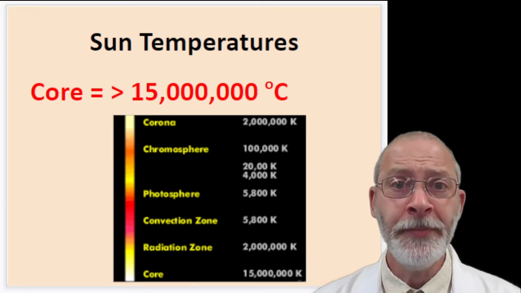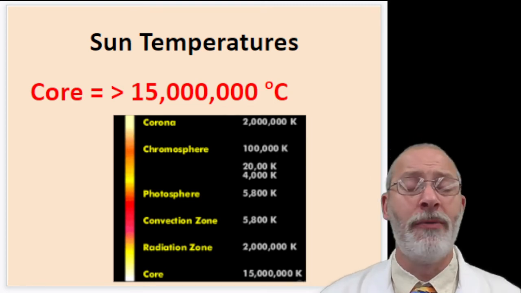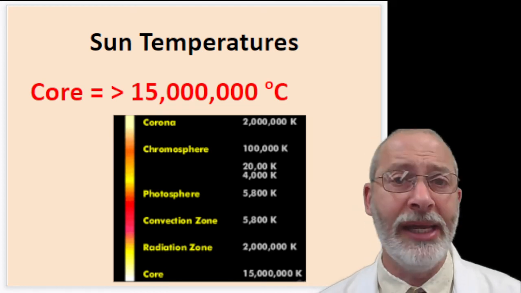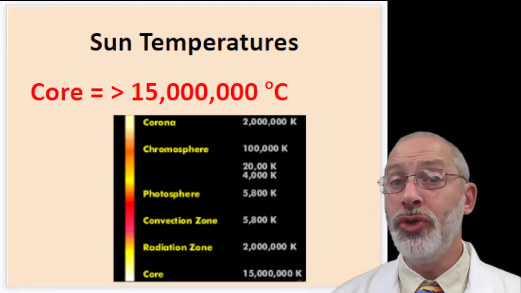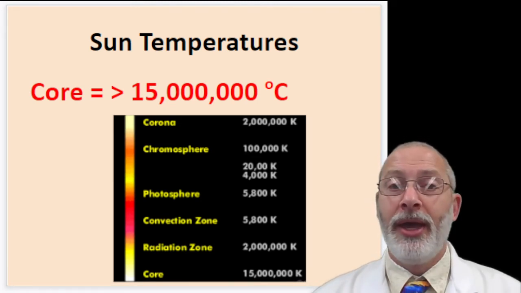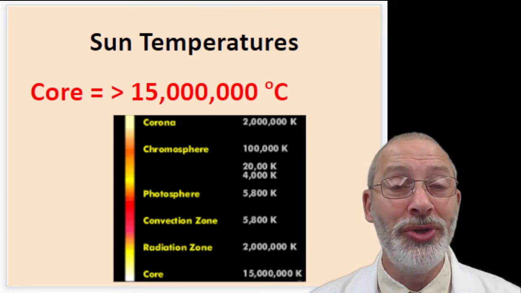On the sun, it's achieved through the enormous gravitational force because the sun is so much more massive than the Earth. We can replicate or duplicate or produce nuclear fusion here on Earth in the lab, but it takes a lot of energy in order to do that.